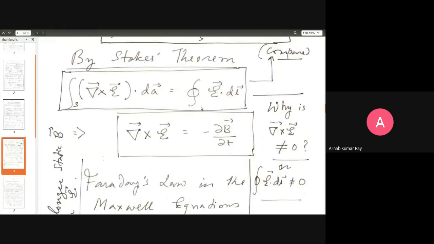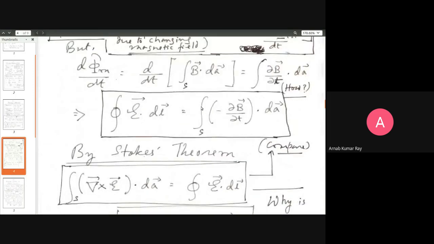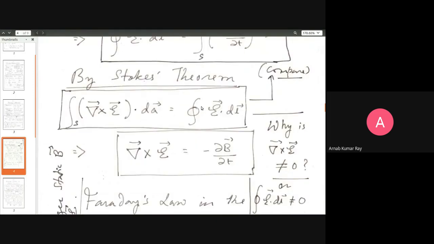What did I tell you about the four Maxwell equations? You have two vector fields, the electric field and the magnetic field. You just have to do two things to each of them: take their divergence and their curl. Divergence of E is equal to rho by epsilon naught.